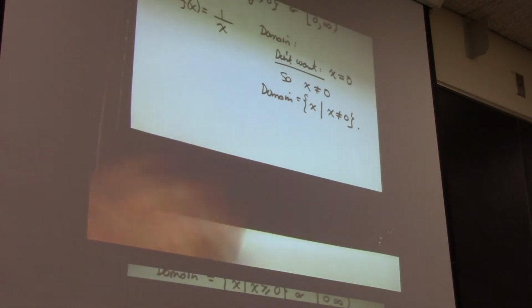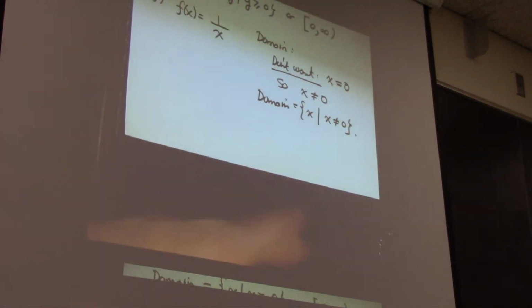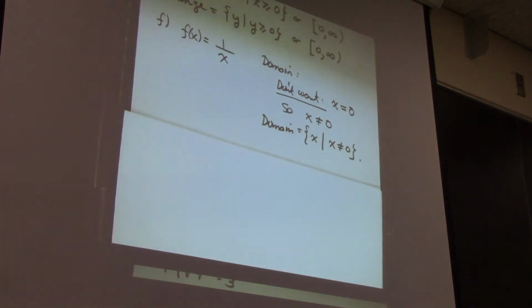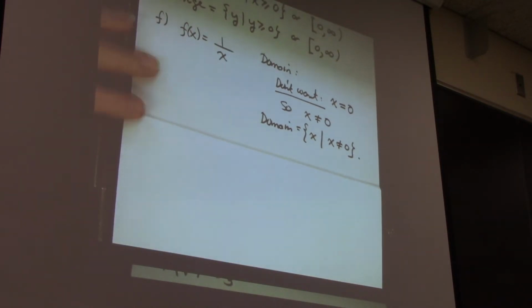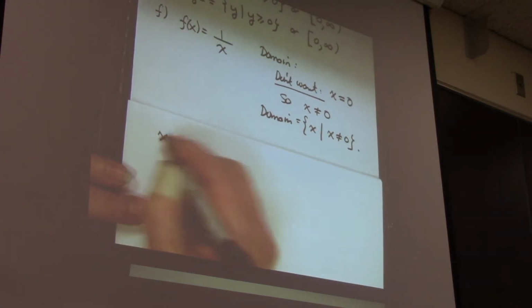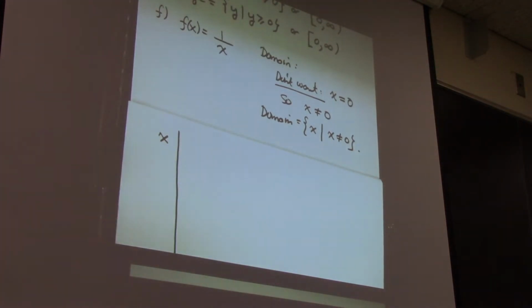You may or may not have ever graphed a function like this with x's in denominators. You may or may not have ever graphed it by hand, so I want to show you what's going on very carefully. We're going to need a lot of points.